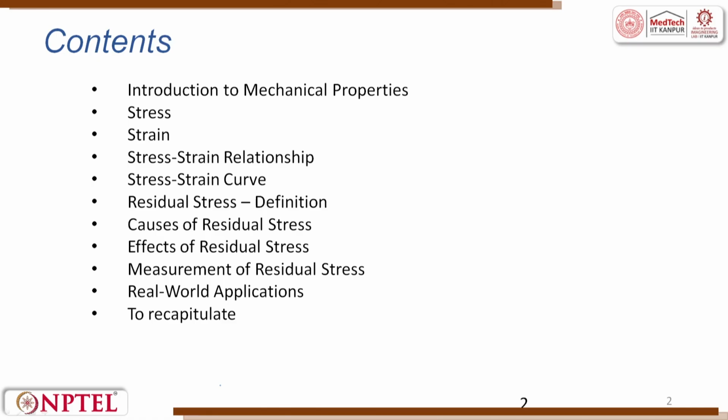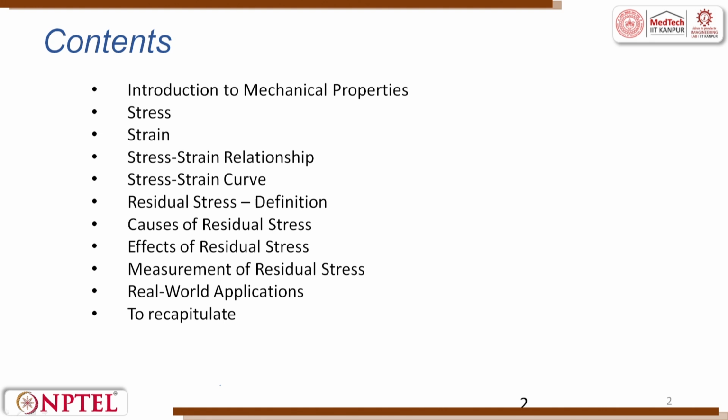In this lecture, we will try to cover the following topics: introduction to mechanical properties. The major properties are stress and strain. Then what is their relationship? How does a stress strain curve look for a typical material? Sometimes when you bend a material and leave it, after a certain period of time it relaxes.